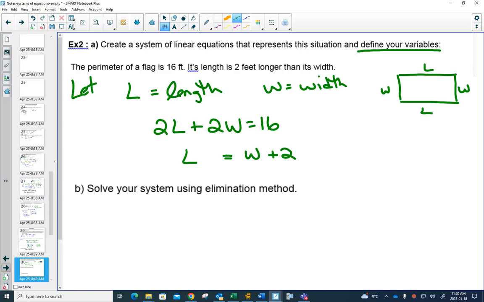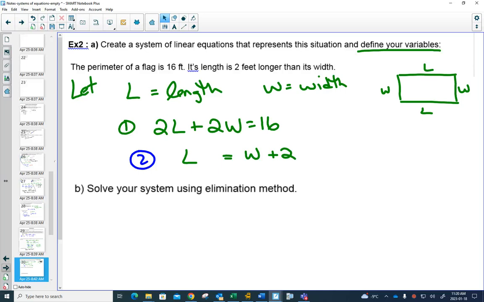And if this is equation 1, and this is equation 2, it would be really easy to use the substitution method. However, it's asking us to use the elimination method.